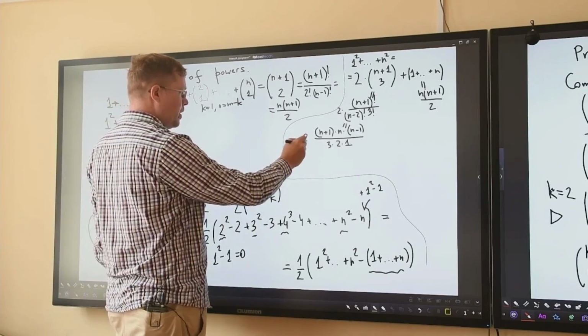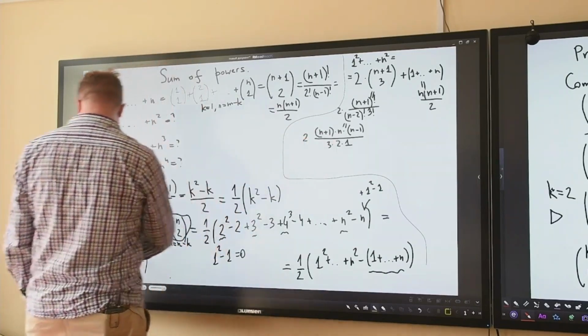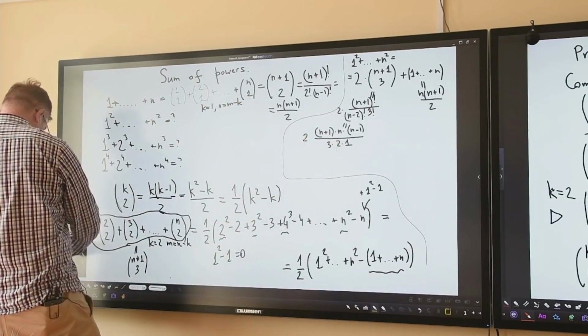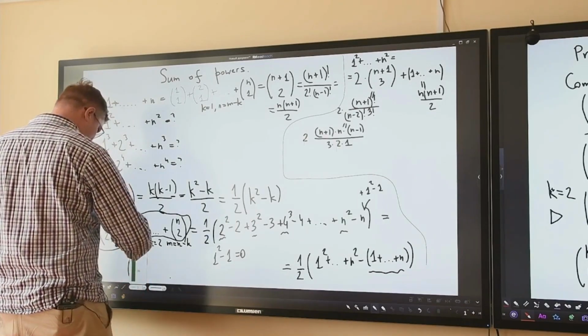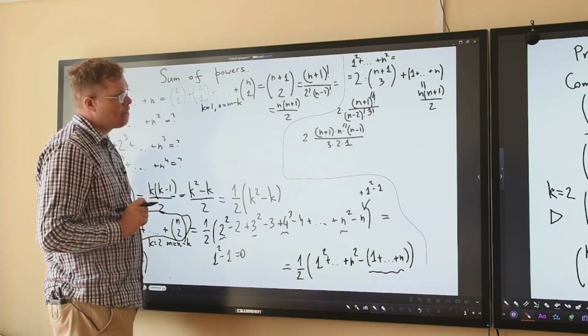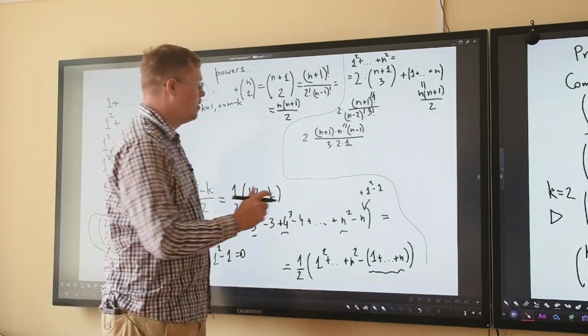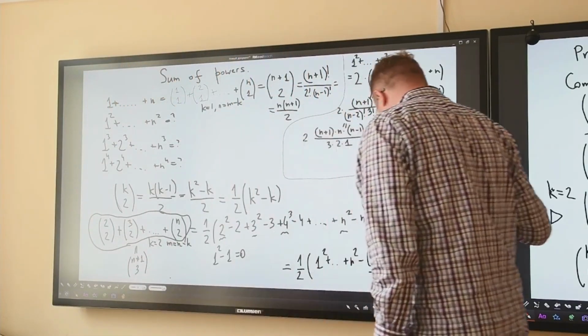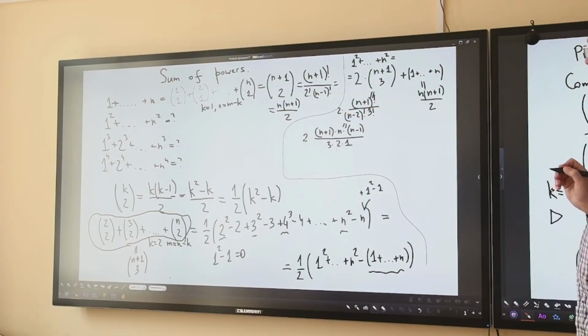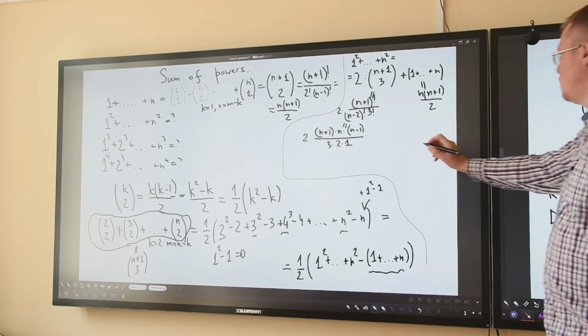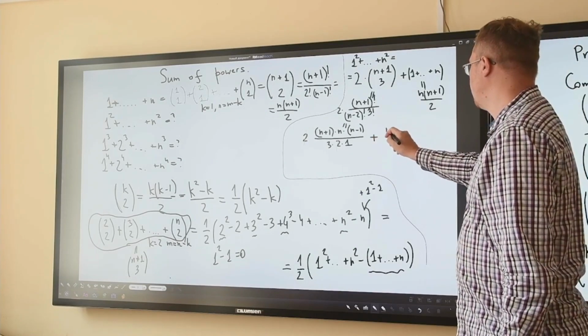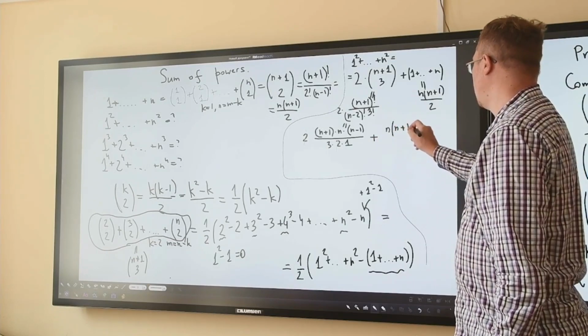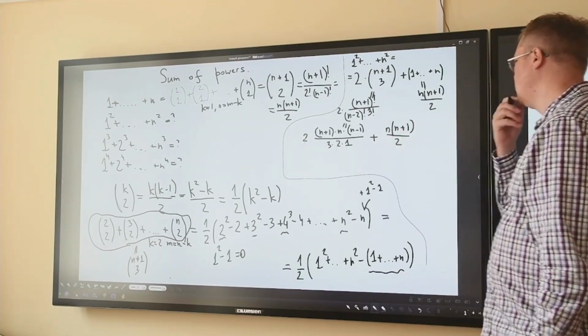And so I can cancel 2 here. And I need to calculate this plus n times n plus 1 over 2.